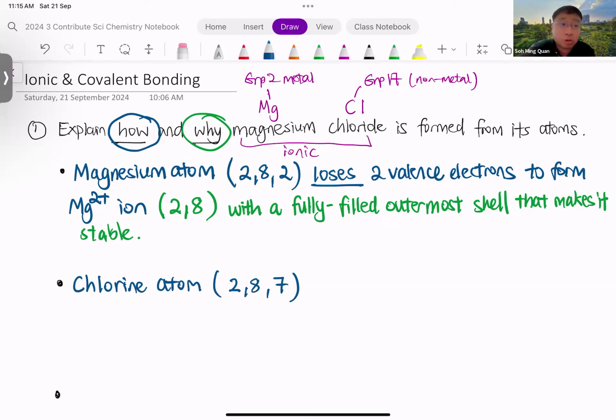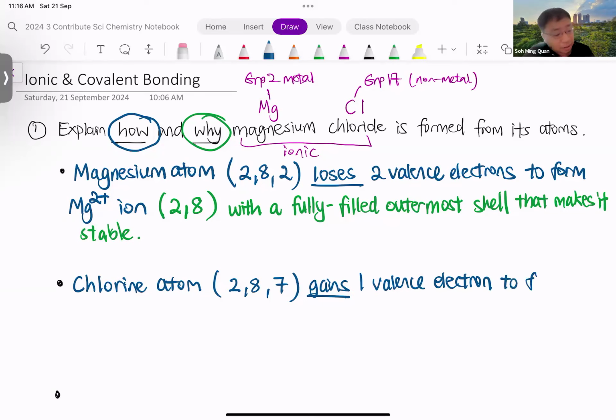Once you realize it's 2, 8, 7 and you have written it out, you realize that in order to achieve a fully filled outermost shell, it gains 1 valence electron. So chlorine gains 1 valence electron.